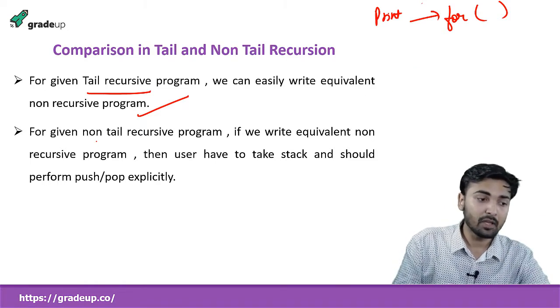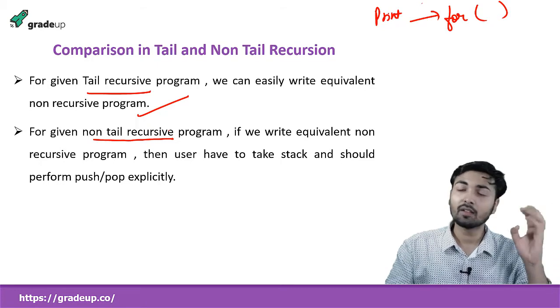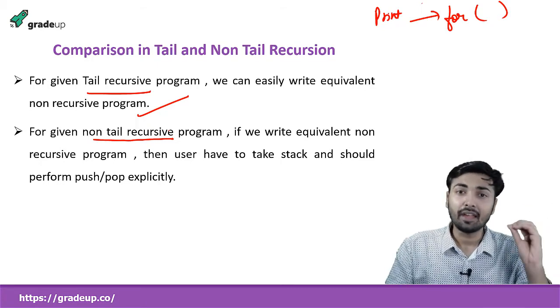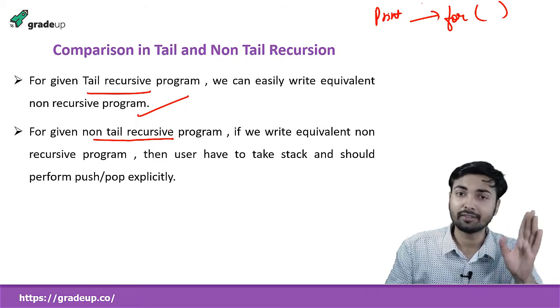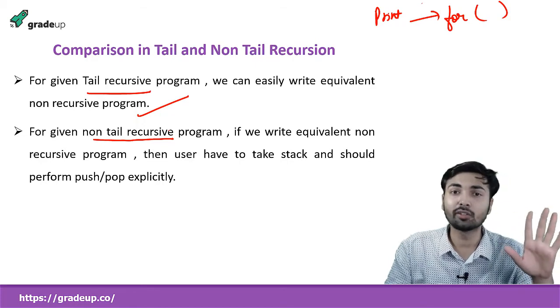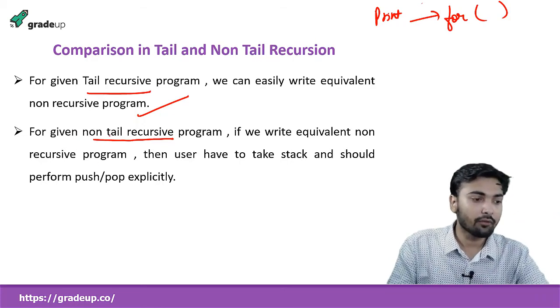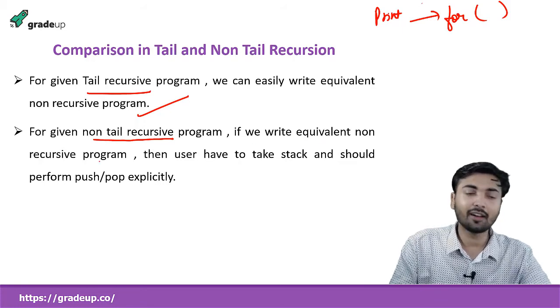Okay, but non-tail recursive programs cannot be easily implemented. If we implement them, then we have to use a stack explicitly. See here, for a given non-tail recursive program, if we write an equivalent non-recursive program, right?